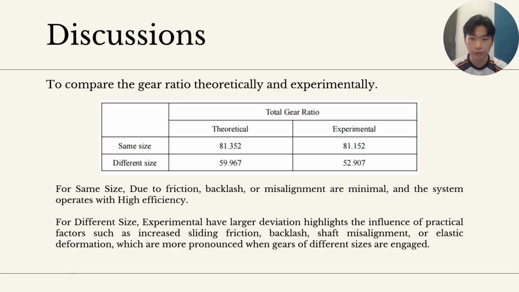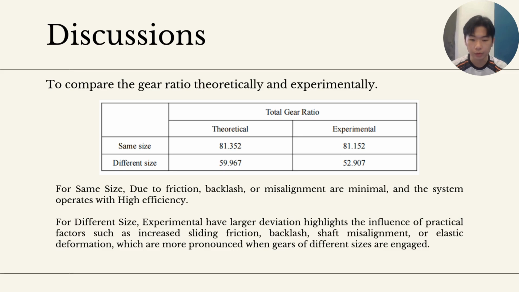First, we compare the gear ratio theoretically and experimentally. According to the table result, it showed that the total gear ratio of the same size is higher than the different size. For the same size gear, the theoretical ratio was calculated as 81.352 and the experimental is 81.152.